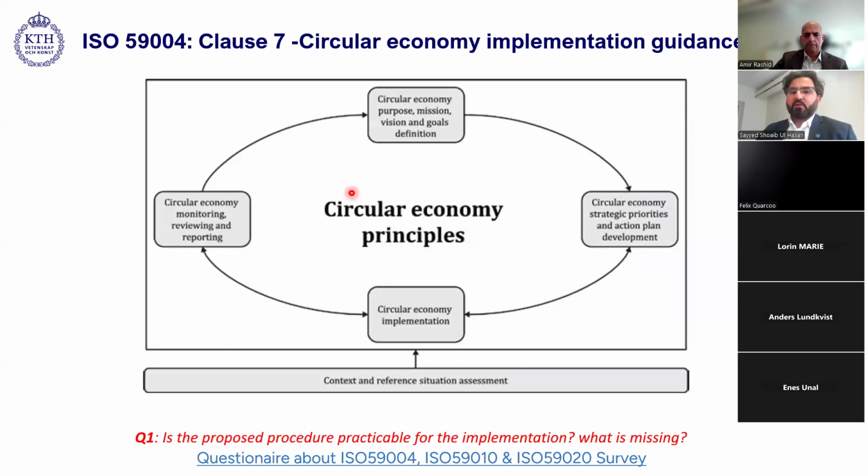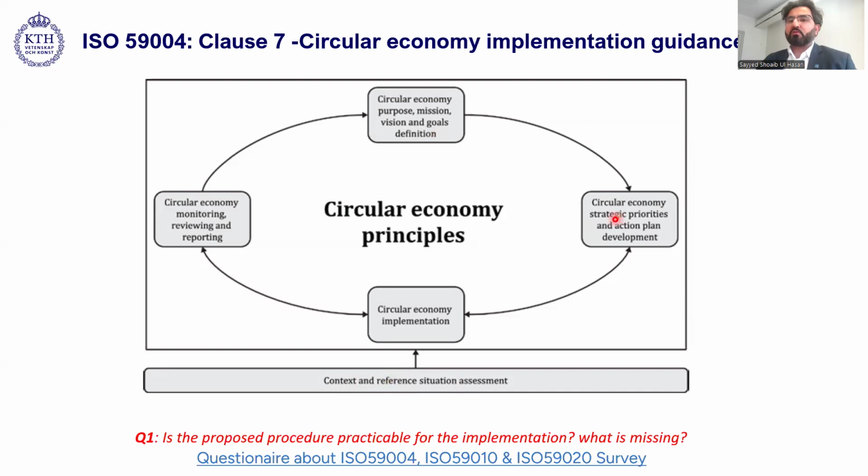Once you have understood the circular economy principles, the second thing you should do is to understand the context in which you operate. It could be your legal context, your operational context, where you are located, what kind of resources you are using, and an assessment of your current situation. Once you have done that, you should define your purpose, mission, vision, and goals. Based on these, you should prioritize the strategic areas for circular economy and develop the action plan.